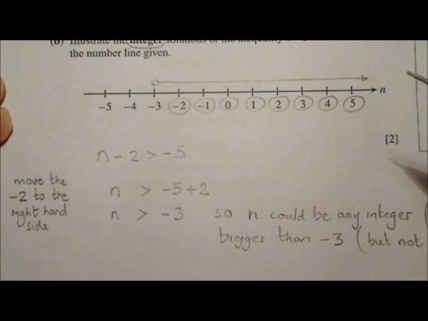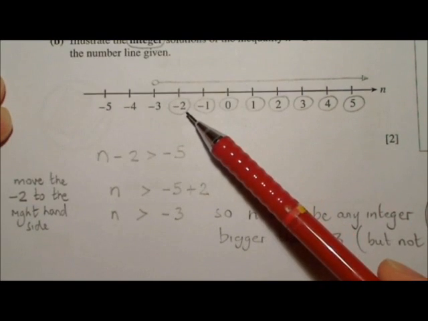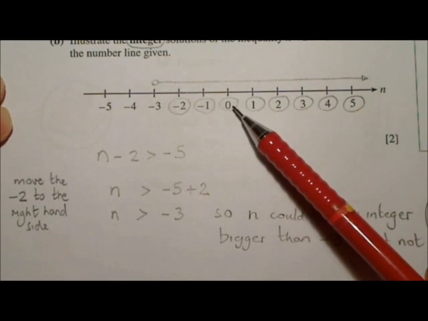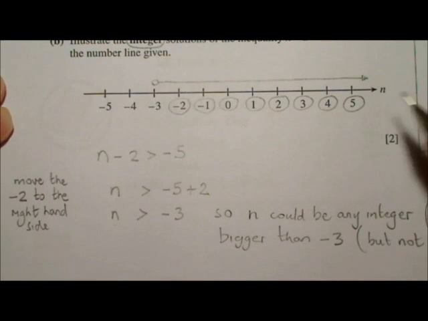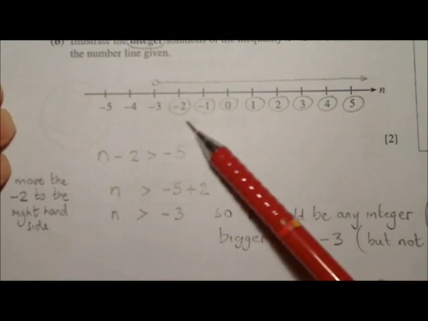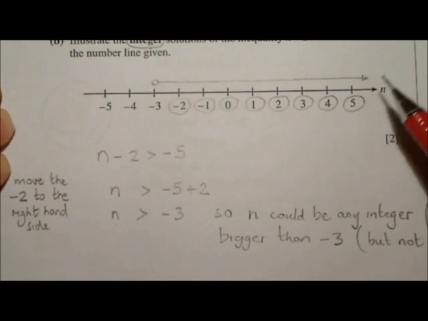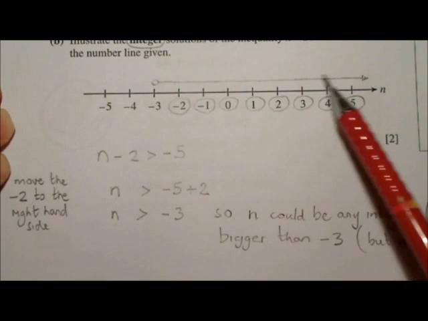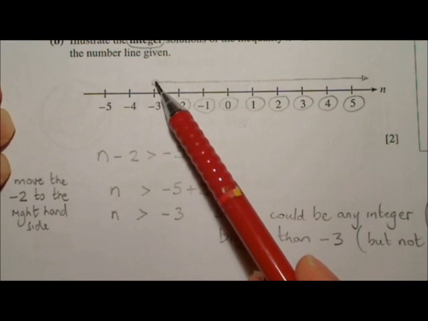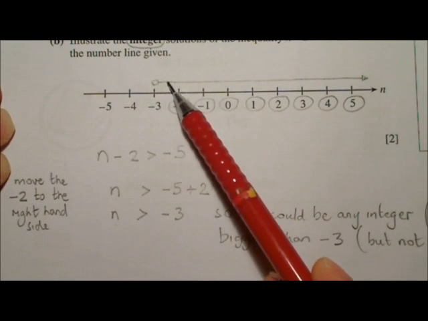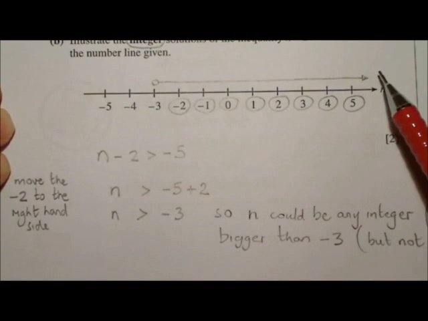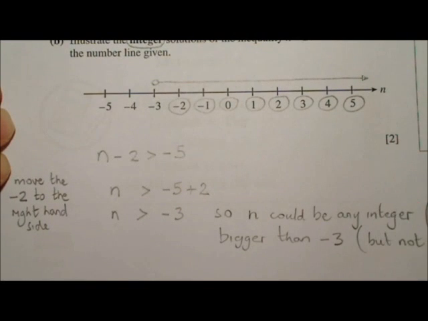So possible answers are n could be minus 2, minus 1, 0, 1, 2, 3, 4, 5, and so on. You can either circle all those numbers, or you can indicate this with a line. We put a little open circle there to indicate that n is not equal to minus 3, and then an arrow pointing to all these numbers that are greater than minus 3.